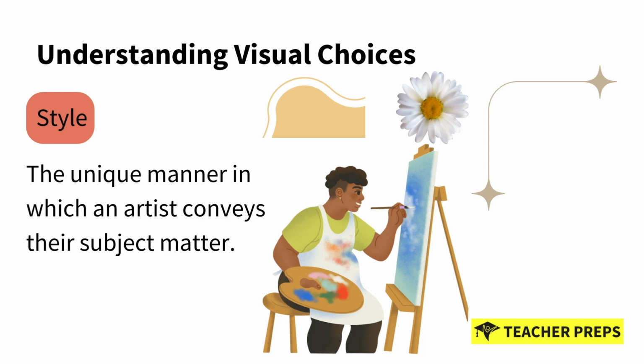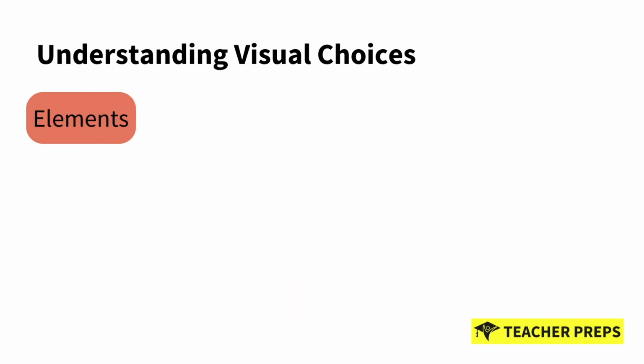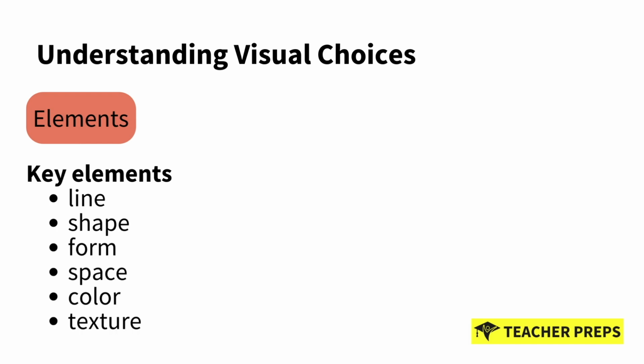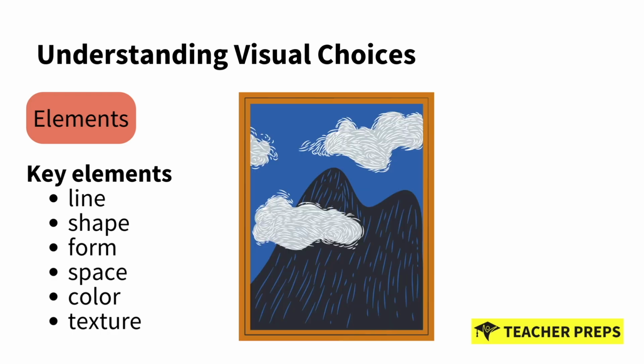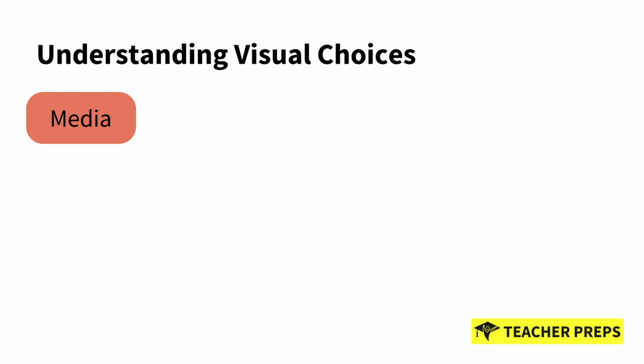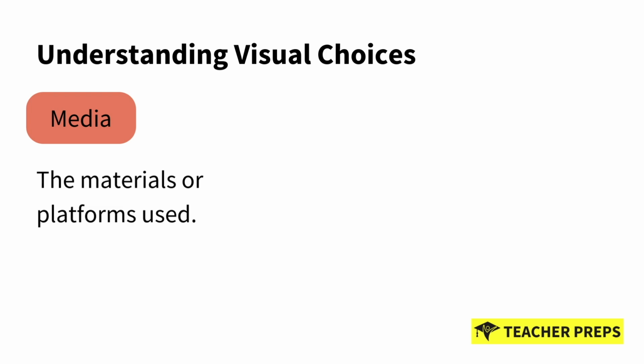The next visual choice the maker decides is the elements, where key elements include line, shape, form, space, color, and texture. An artist's choice in emphasizing or downplaying these elements can guide the viewer's eye and elicit specific reactions or emotions. Lastly, the final visual choice we'll discuss here is media, which refers to the materials or platforms used.